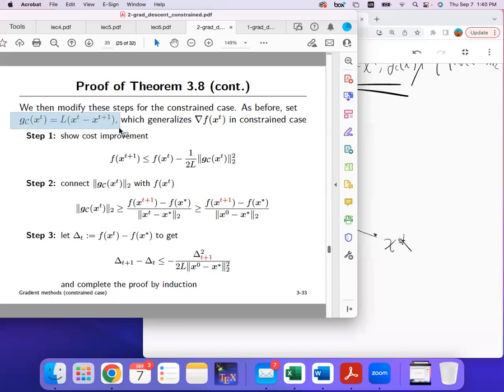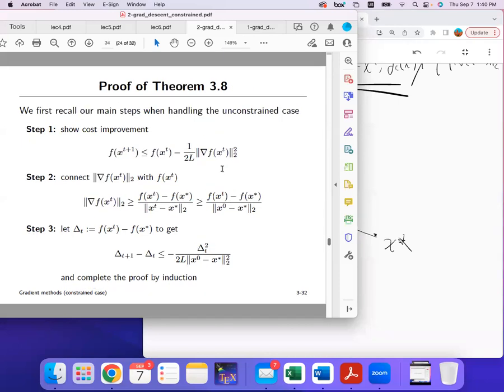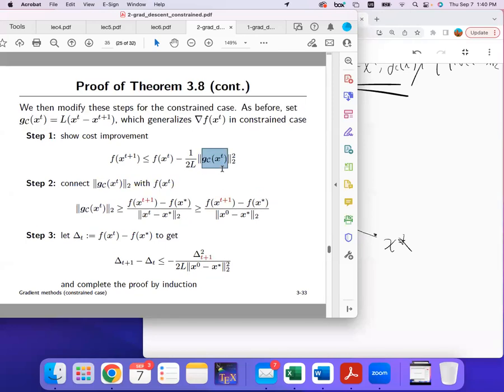And again, we will define GC in the following way. So this is like a generalized gradient, and we will show again in the constrained case that the objective value is still decreasing, but now the gradient is replaced by the generalized gradient. In the unconstrained case, we have the gradient here, but now it's the generalized gradient. And then in step 2, we will bound the norm of the generalized gradient using the function value difference.